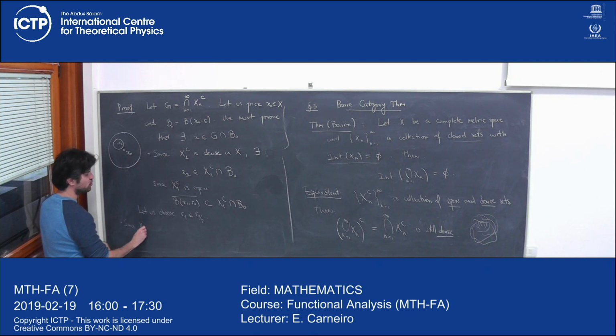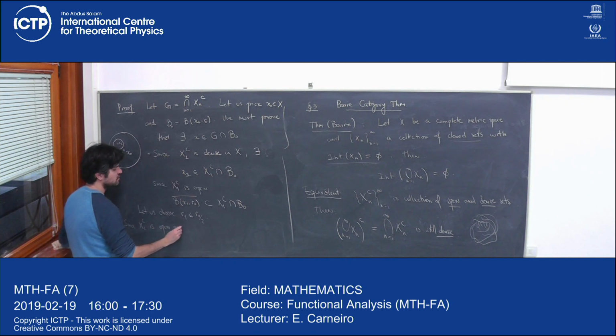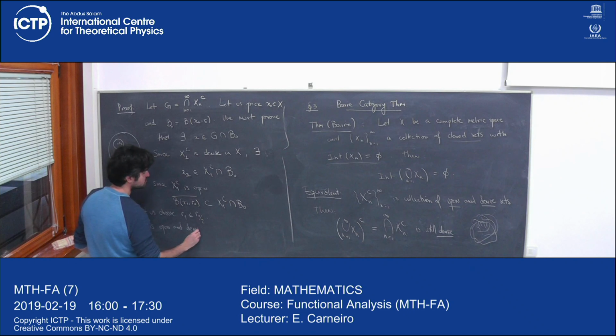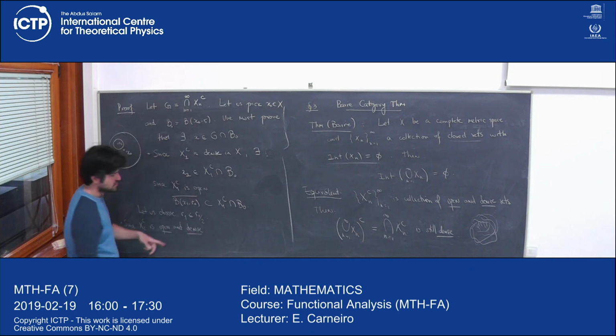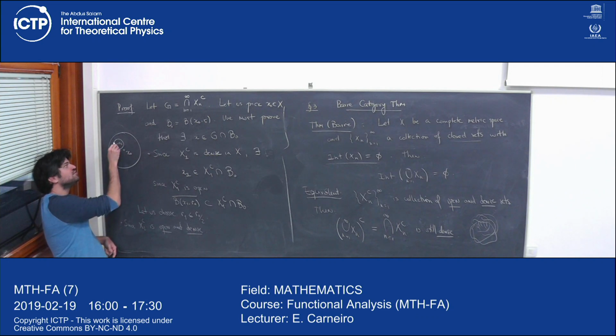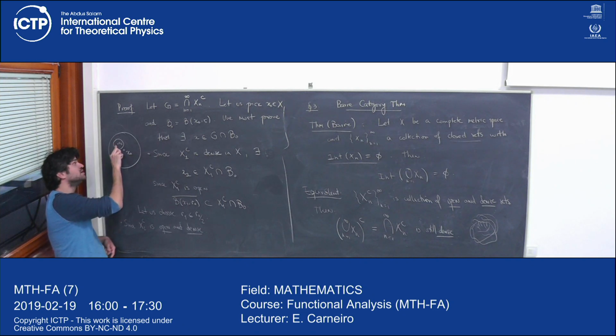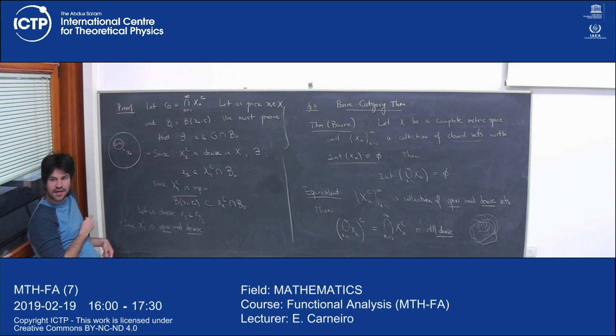Since X2 complement is open and dense, since it is dense, you can find a point x2 inside this little ball here. It's an open ball. And since it's open, you can not only find a point x2, but find a little ball inside.